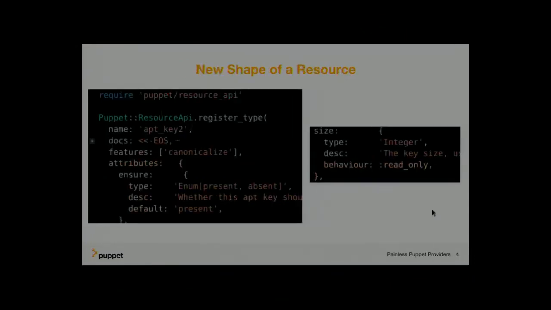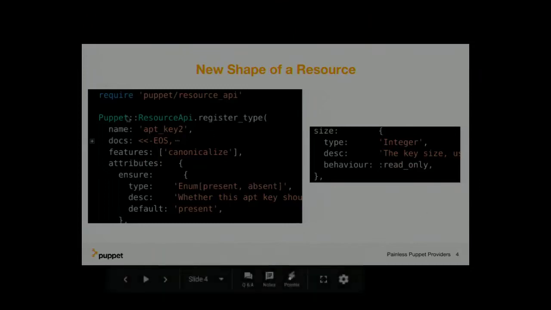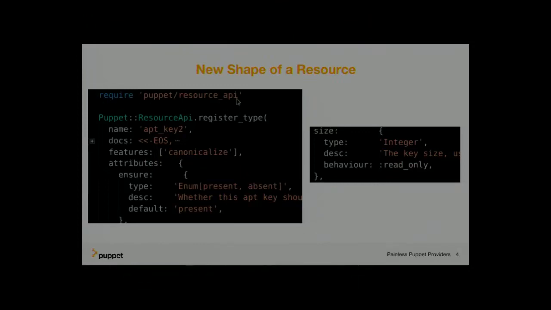So here we have the shape of a new style resource. For now, since it's still pre-release, you need to require the public resource API on top here, and then pass in a data structure into a single function call.